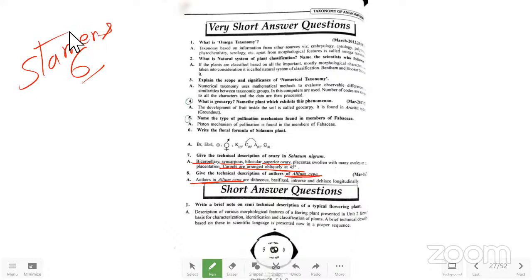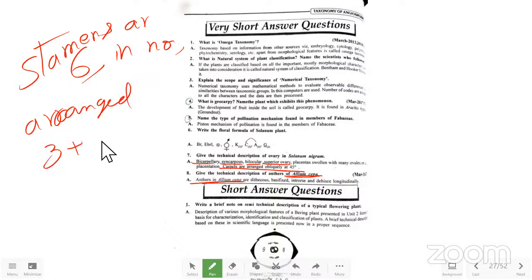Remember, here the answer is: stamens are 6 in number, arranged 3 in each whorl, that is 3 plus 3, dithecous, basifixed, introrse, and with longitudinal dehiscence. Like this, we have to write the description for the anthers.